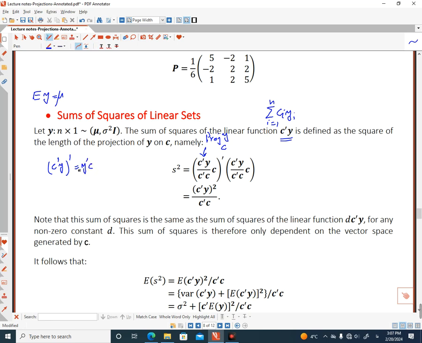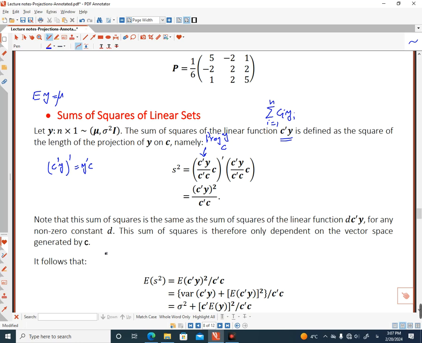So those are equal to each other, and I can take one of them and square it. Then you will have c prime c. One of the c prime c in the denominator simplifies with the other in the numerator, and then you will get this result.